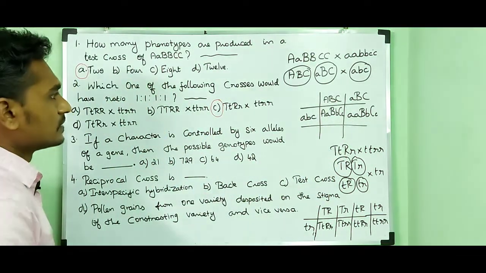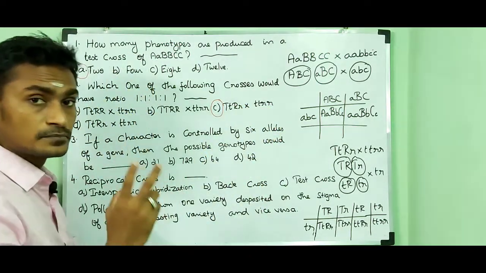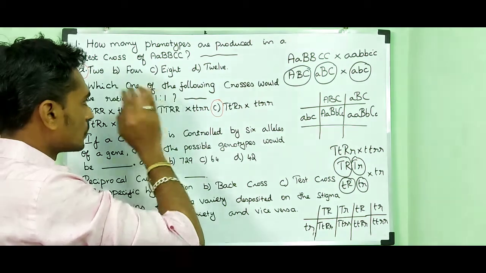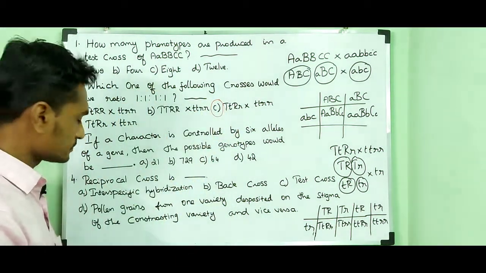So, if we make a cross between these two parents, we are able to get the ratio 1:1:1:1. So option C is the right answer.